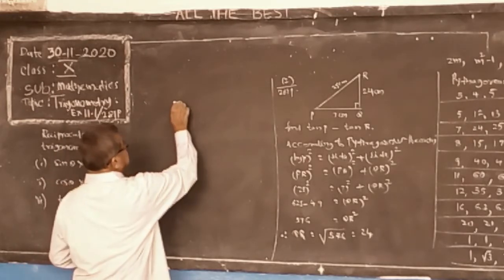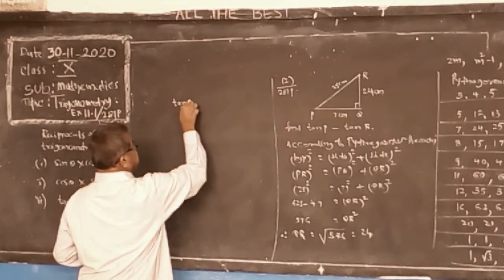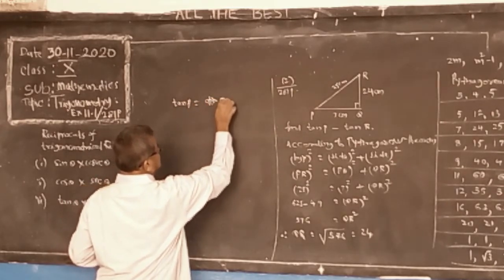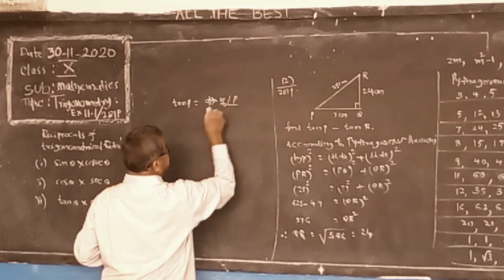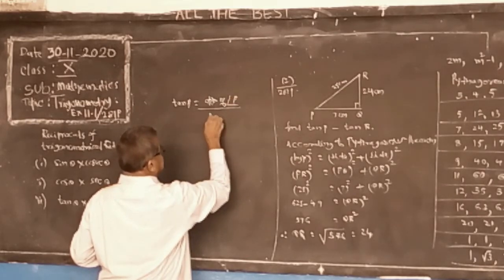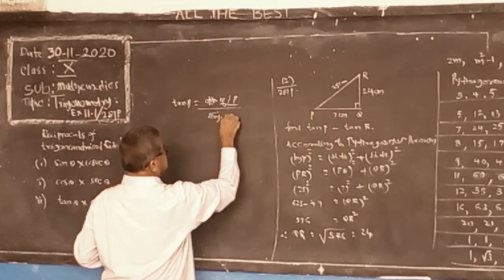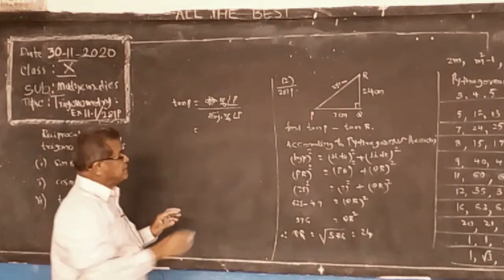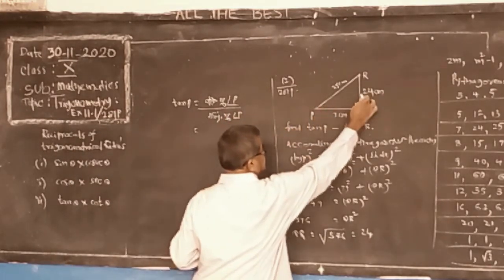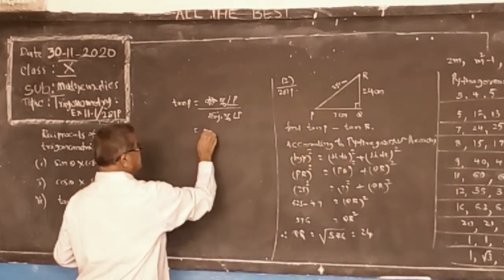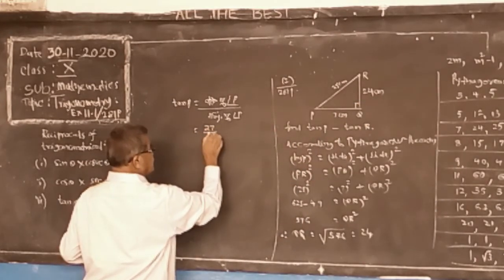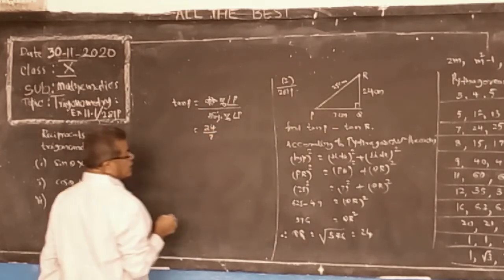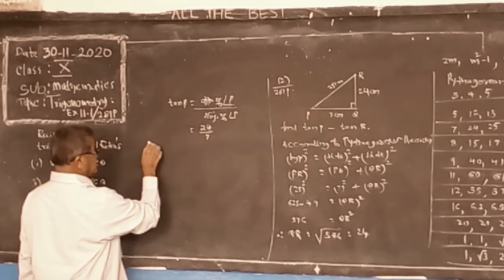Tan P is opposite side of the angle P by adjacent side of the angle P. So what is P here? Opposite side 24 by 7.